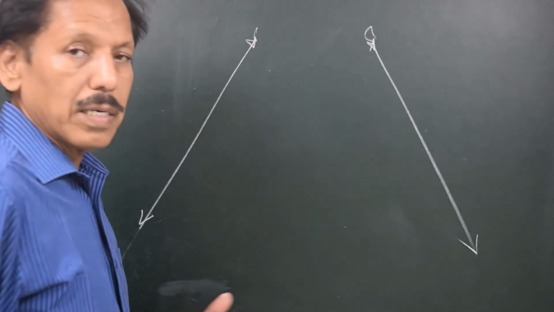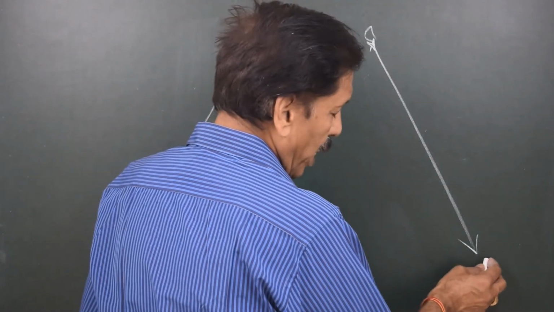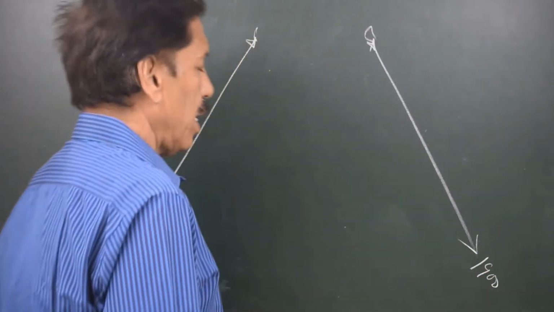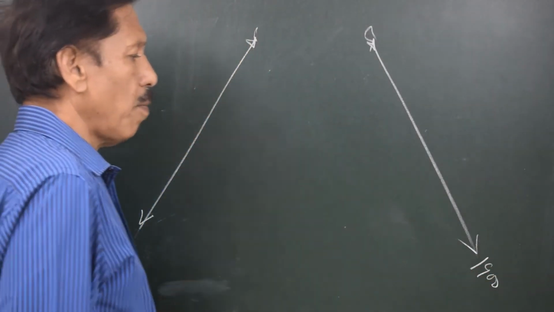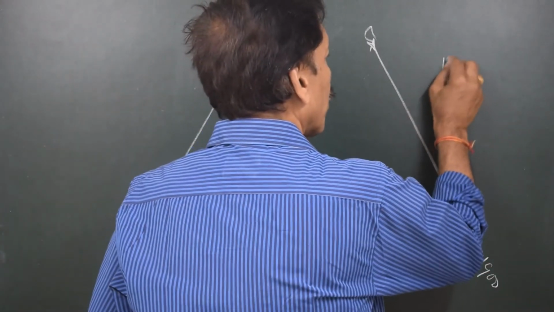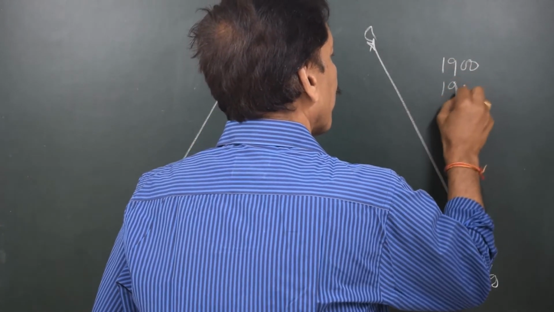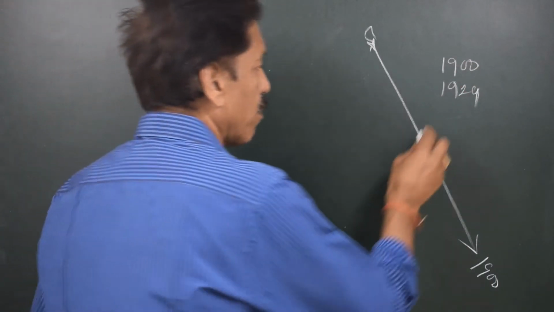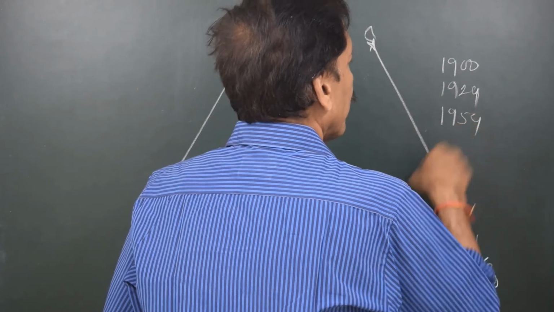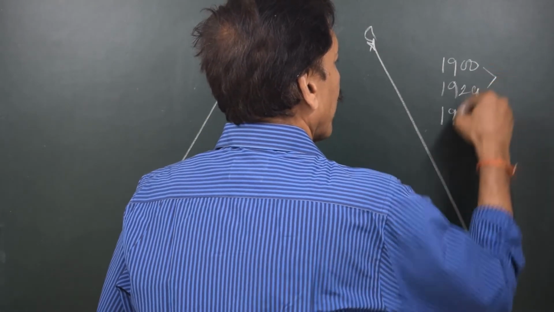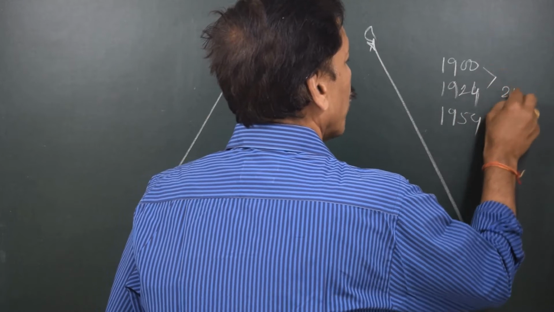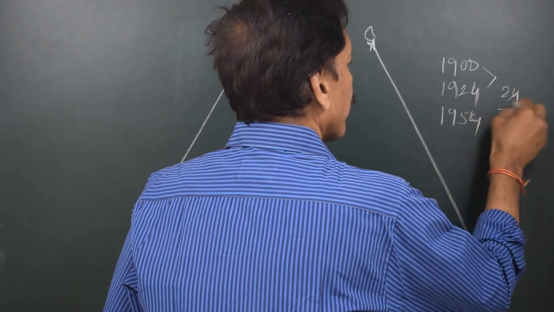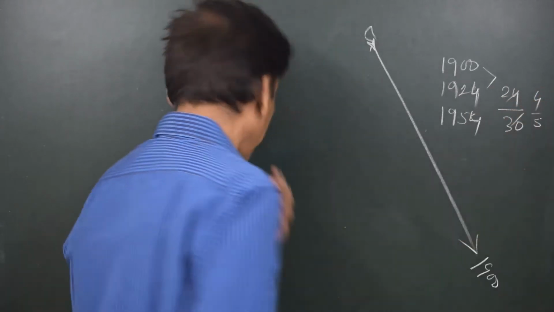they cannot be parallel. Now let us say this bearing was taken at 1900 and the middle information was at 1924, and say the last information was at 1954. So we have the gap between them in the ratio of 24 is to 30, that is 4:5.